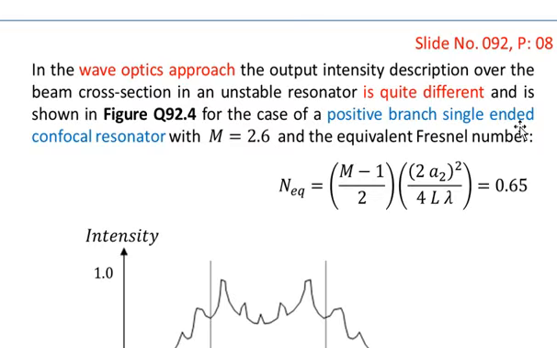So for a positive branch single-ended confocal resonator with capital M equal to 2.6, and the equivalent Fresnel number calculated using M equal to 2.6 and the other parameters, A2 and lambda, the wavelength of light, which we have not presented over here, the N_eq, that is the equivalent Fresnel number, is equal to 0.65.